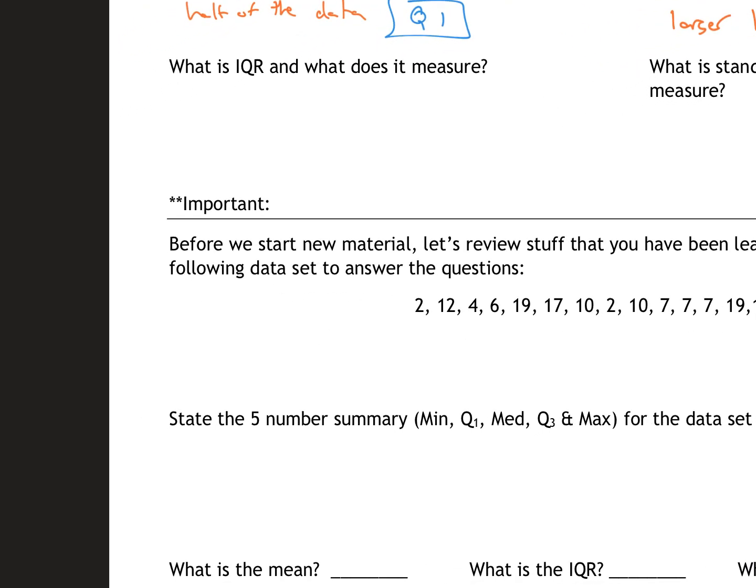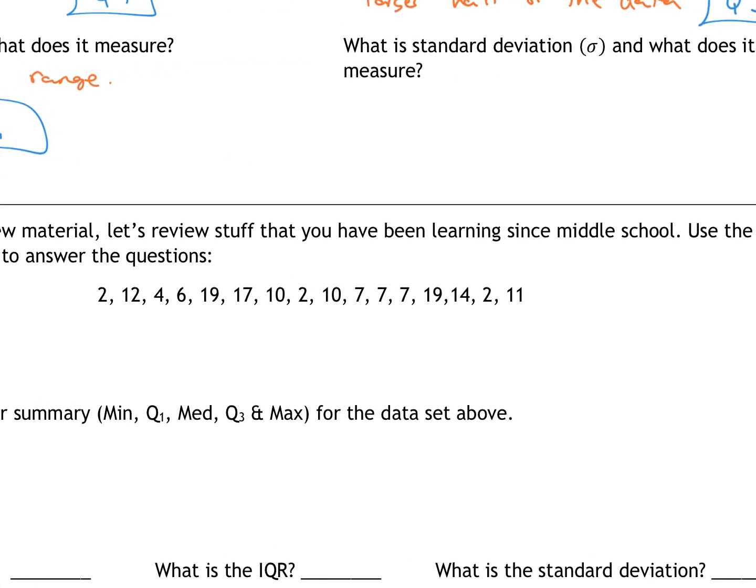IQR is the interquartile range. To find that, you take your Q3 and subtract Q1 every time. So you're finding your 2 quartiles and finding the range between those.